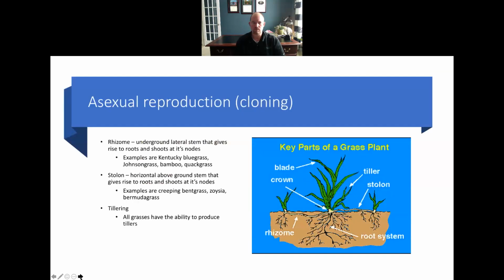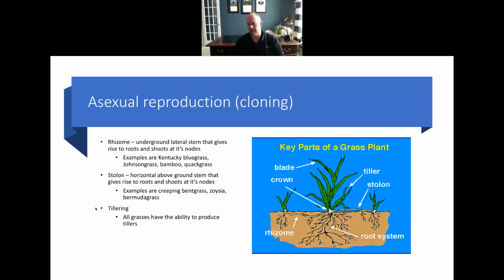So, grass plants can reproduce both sexually and asexually. Sexually in a plant would be a flower. Grasses are angiosperms. They do produce a flower.